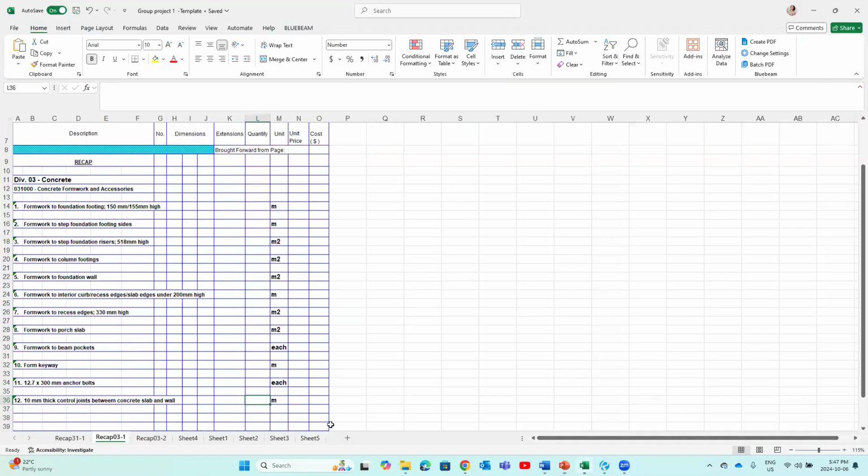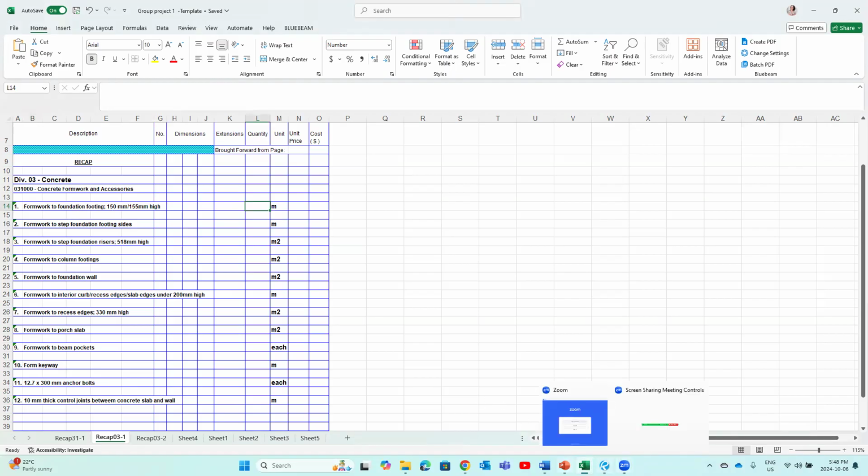If you look at my recap, the first item is formwork to foundation wall footing. The depths, 150 and 155, have a similar unit price, so we can put them together. We measure them by the lengths.